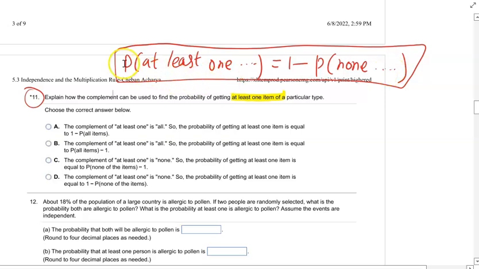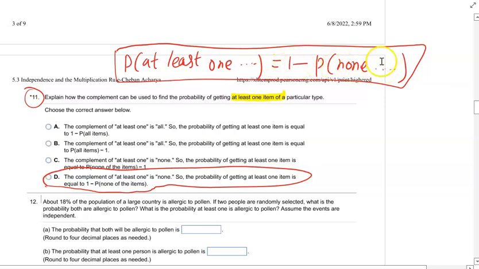That's what you said. Therefore, the answer for question number 11 is going to be D. Notice that the complement of at least one is none. Therefore, probability of at least one equals 1 minus probability of none, for any item or event.